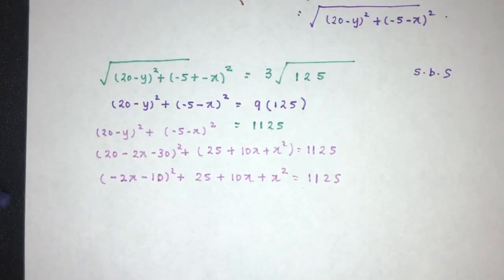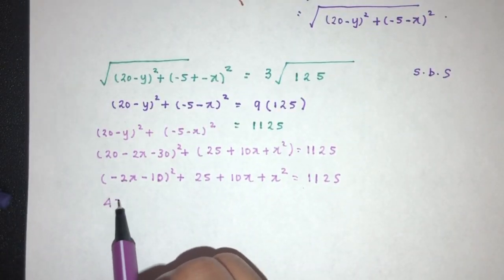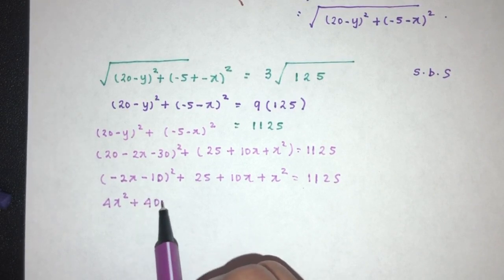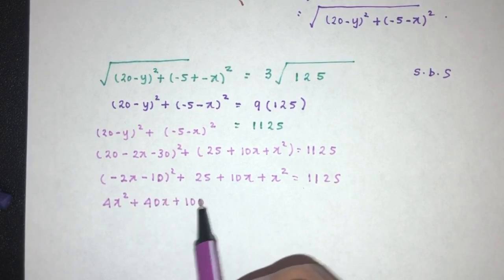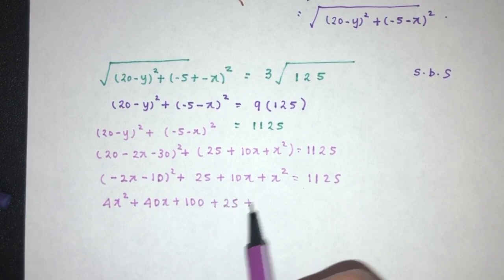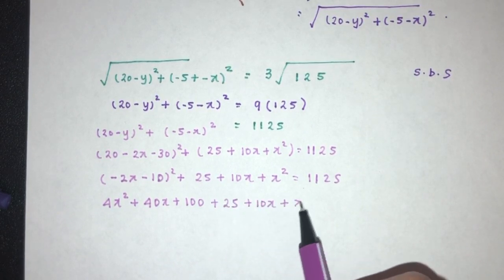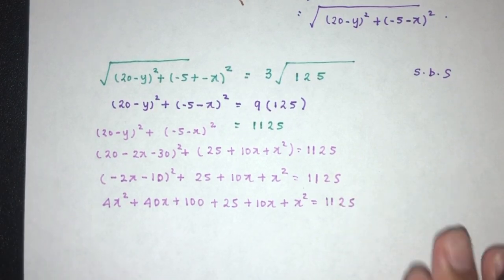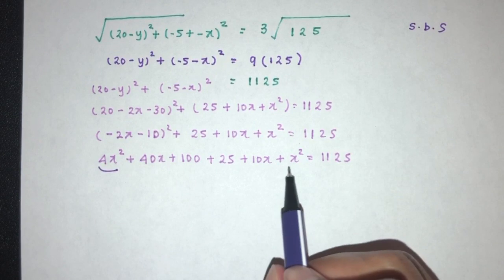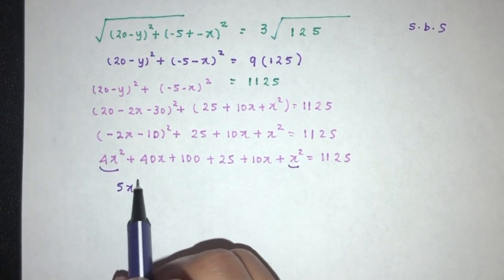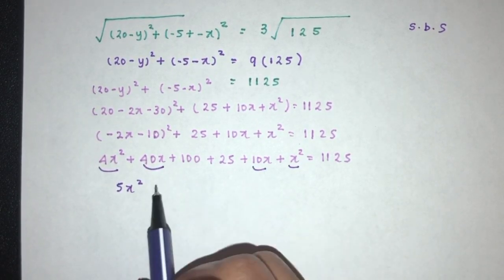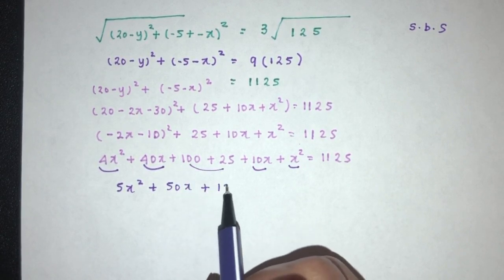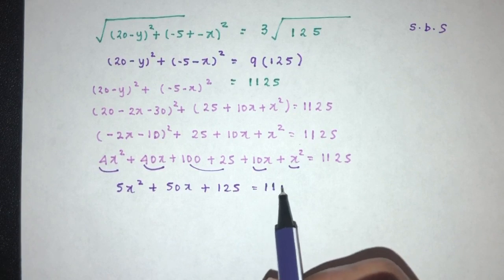Now again we have to simplify. This plus this will be 5x squared. This plus this will be plus 50x, and this will be plus 125 is equal to 1125.